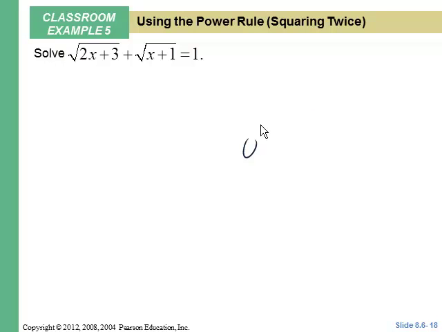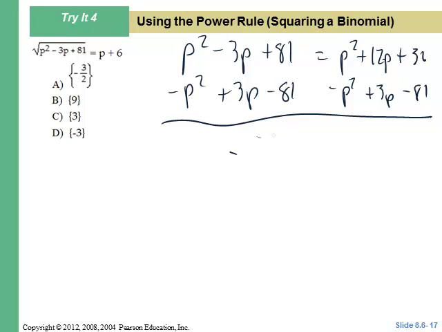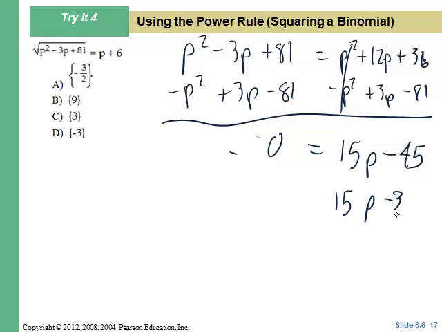And you get 0 equals 15p minus 81 minus 36 is 45. So you can factor out a 15 here and you're left with p minus 3. So p equals 3. Let's try it and see.